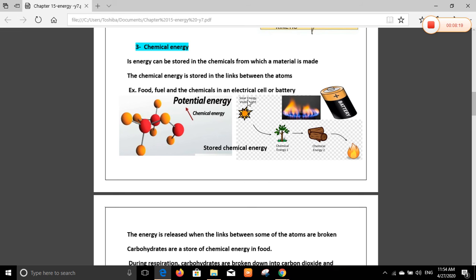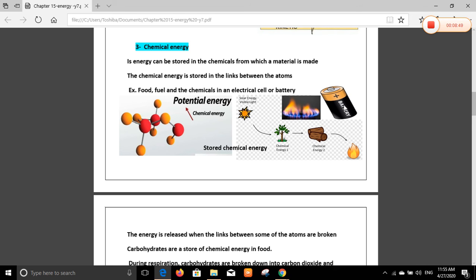Look at the sun, the solar energy of the sun. The plant absorbs solar energy, stores it in its body and uses it to make food through the process of photosynthesis. Also, a log or piece of wood stores chemical energy inside it. When you burn the piece of wood, it changes to heat energy, or thermal energy. Also the battery, with chemicals inside.